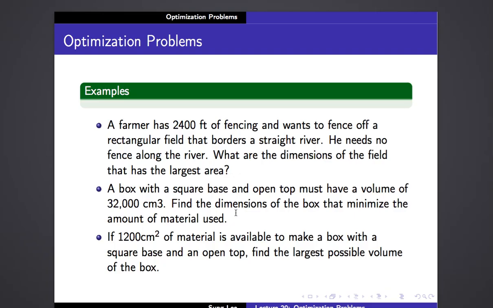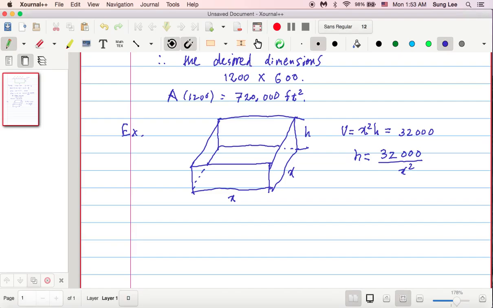Find the dimensions of the box that minimize the amount of material used. The amount of material is the same as the surface area of the box. So for the surface area, I'm going to use a of x.